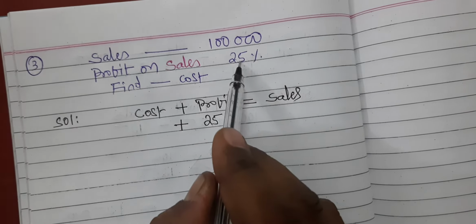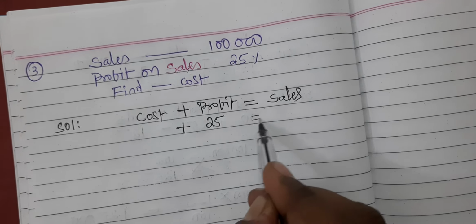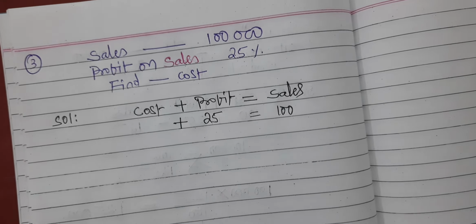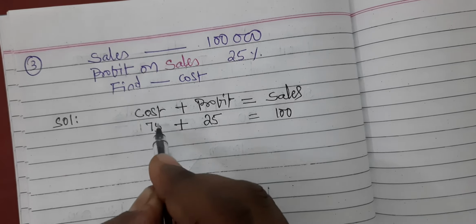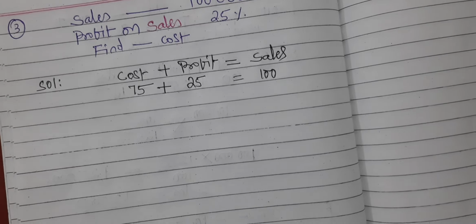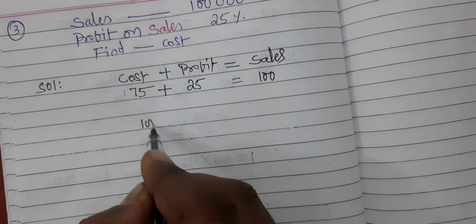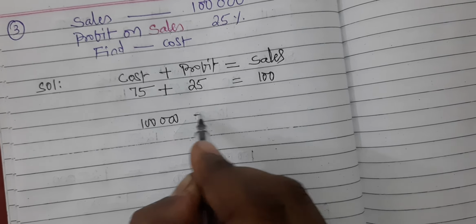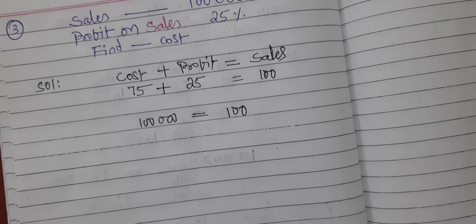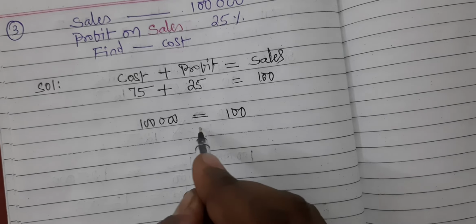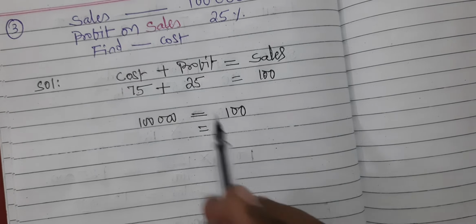He said 25% profit on sale, so I assume sale is equal to 100. Then cost is equal to 75. Next, what is in the problem? 1 lakh is equal to sales, which is 100 in the equation. Now what you have to find out? Cost. Cost is how much in the equation? 75.